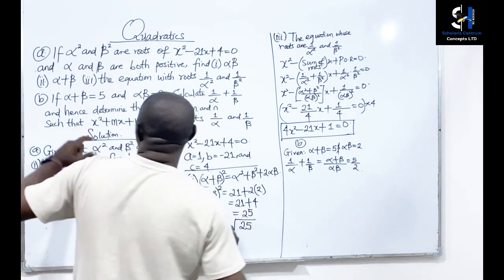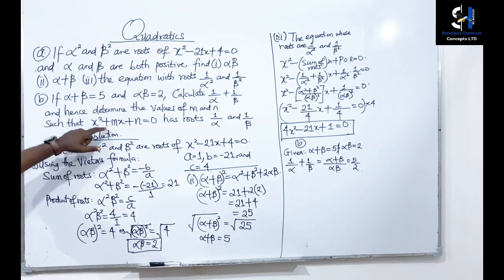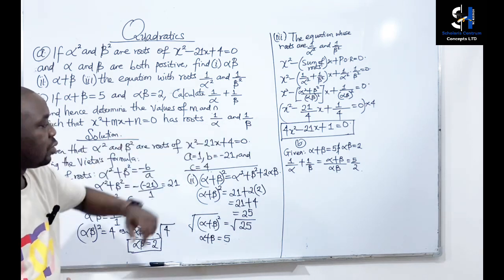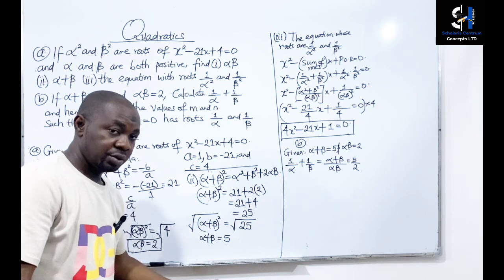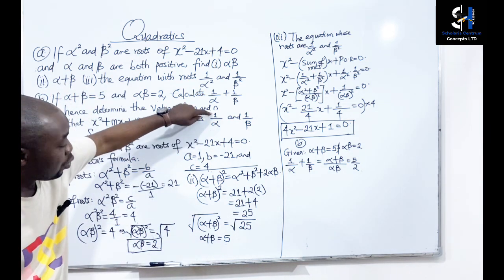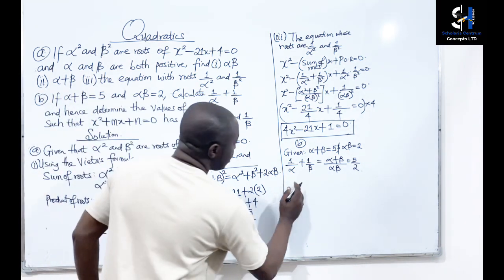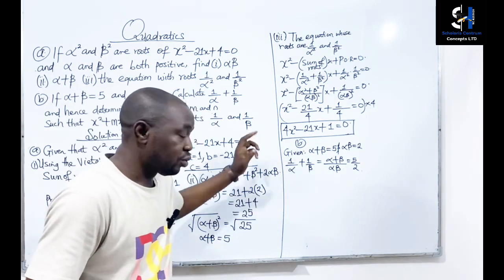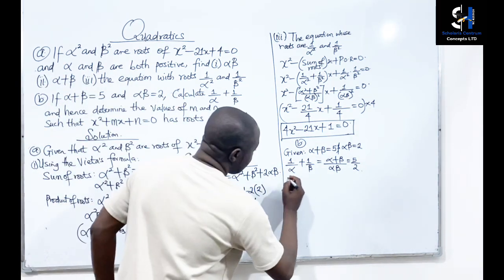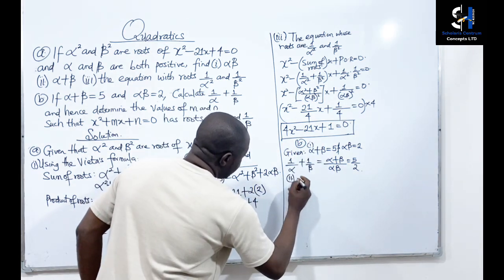Next, we want to determine the values of m and n such that x squared plus mx plus n equals 0 has roots. That means we need to construct a quadratic equation using 1 over alpha and 1 over beta as the roots. So the answer to the first part is 5 over 2. Let's give these Roman numeral 1 and Roman numeral 2.